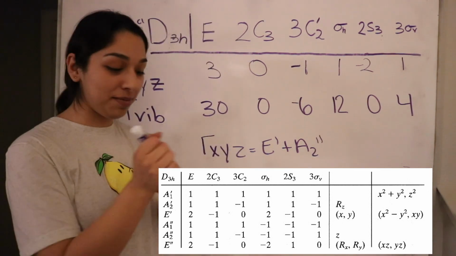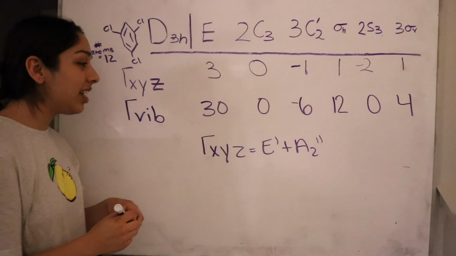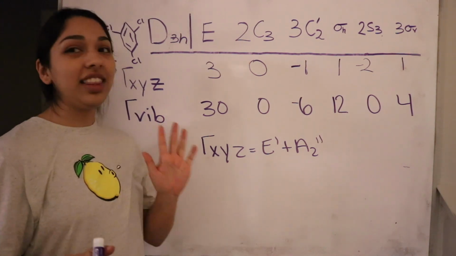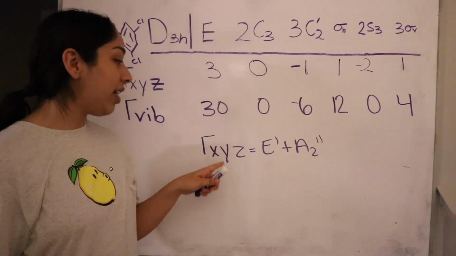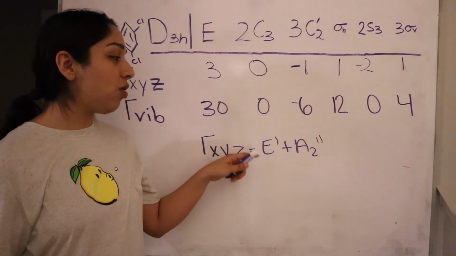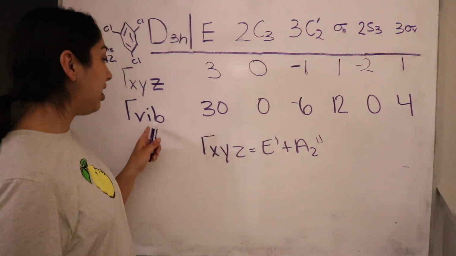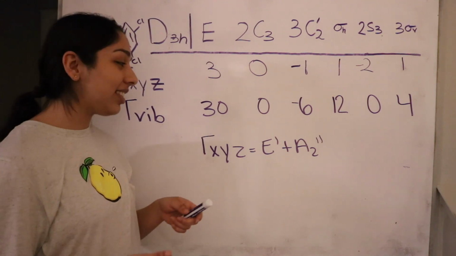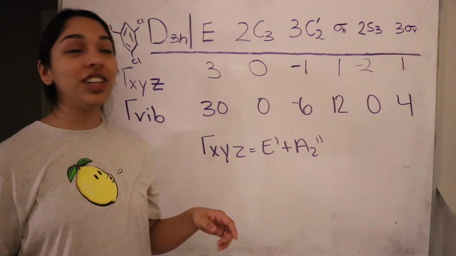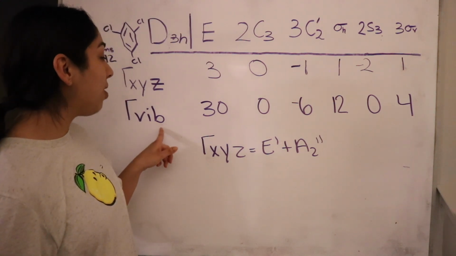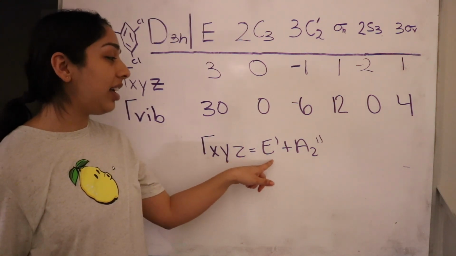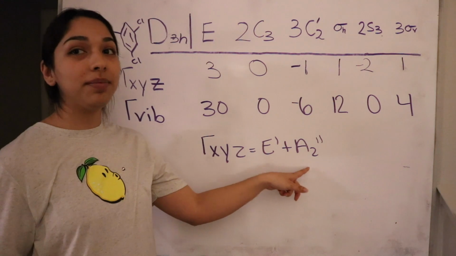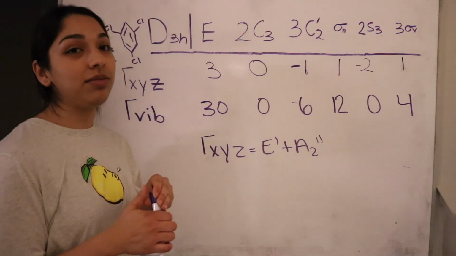You can fact check me on that. A key thing to note is that whatever's in your XYZ, if the corresponding character is in the reduced form of gamma Vib, then we are IR active. So we need to check whether the reduced form of gamma Vib has either E prime or A2 double prime. And to do that, we have to reduce it as well.